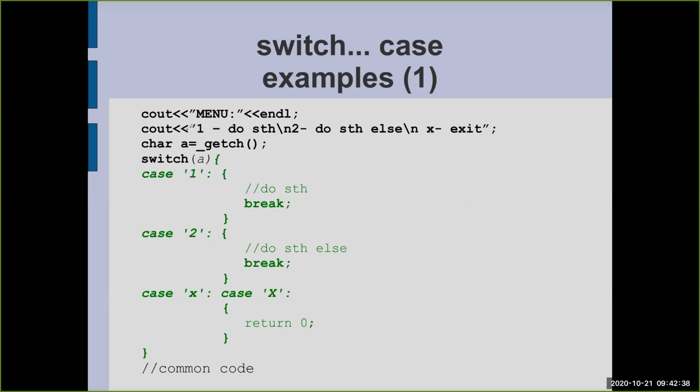So if the answer is a character, I have to refer to the ASCII value, so this is quite important. So if the A is a character, I have to use single quotes with a character.